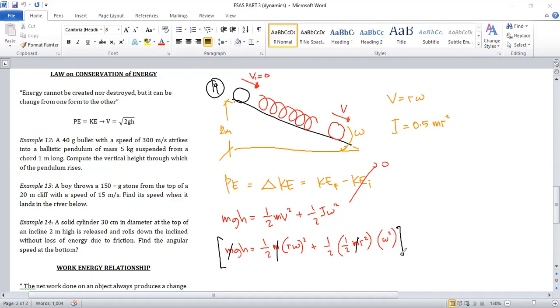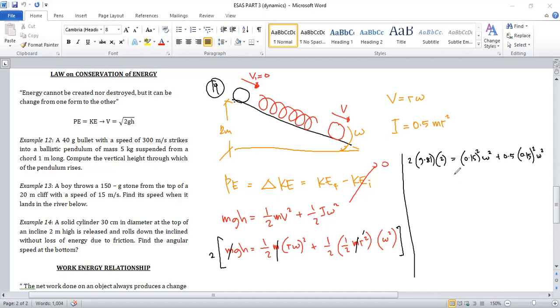And then we multiply it with 2, so that we can have it as 2 times 9.81 multiplied by the height, that is 2, equals r square, where radius is 0.15, multiplied by omega square plus 0.5 times 0.15 for r square times omega square.